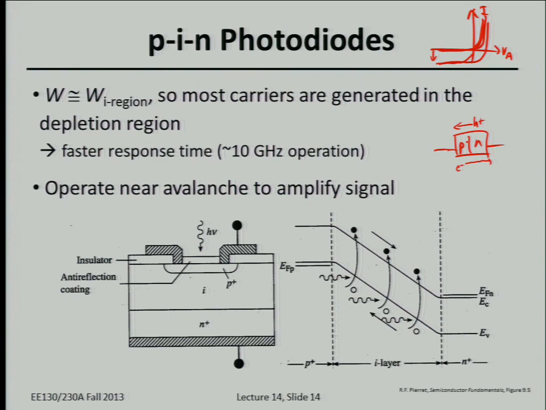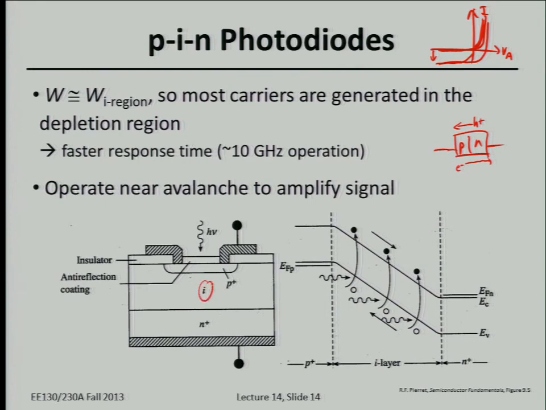Sometimes you would like a really fast response time, like 10 gigahertz operation speed. So you really don't want to have to wait for carriers to diffuse to the depletion region before you can detect them.